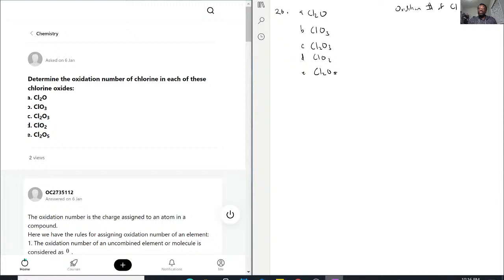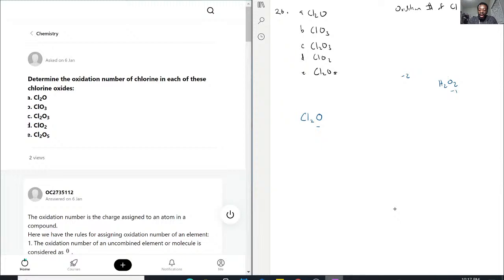And oxygen, the rule is that the oxidation number for oxygen is -2 unless we're dealing with H2O2, which thankfully for us, none of these are. If this is H2O2, it'd be -1 instead of -2. That's the difference there. But nonetheless, all of these are going to be -2. So let's start with Cl2O. I like to write it out a little bit bigger because I like to assign numbers under it.